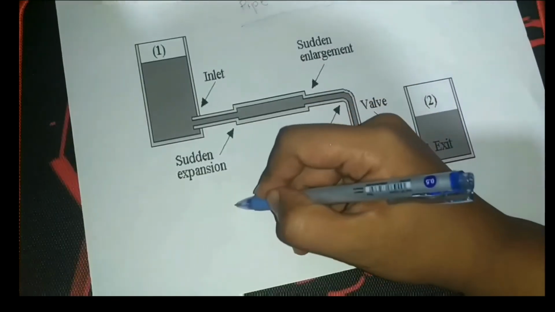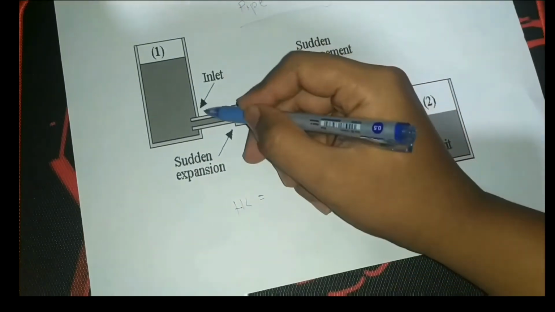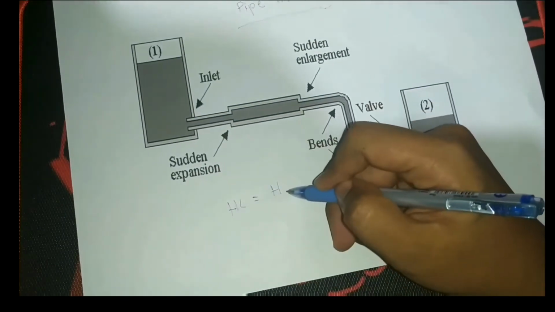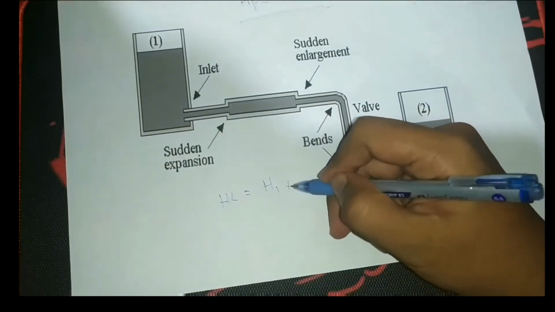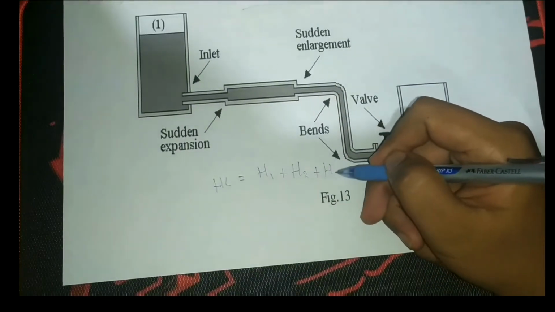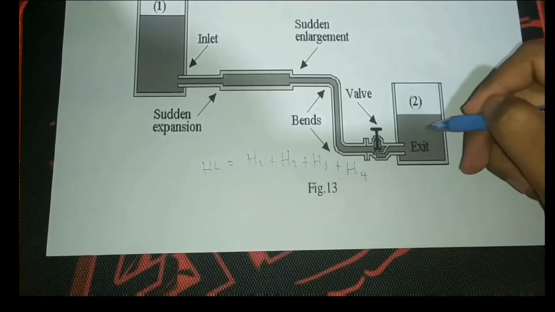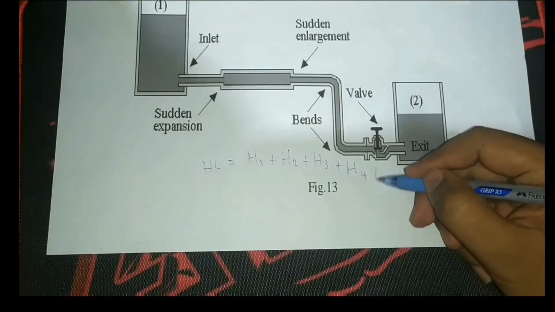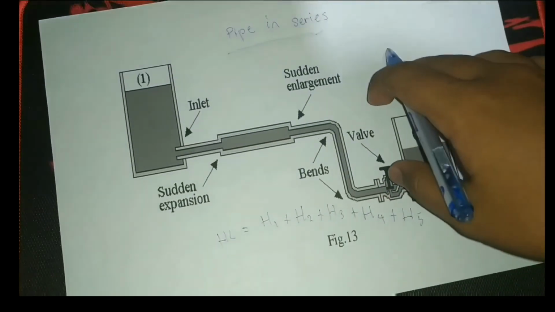For example, HL is equal to H at the inlet, which I call H1, plus the sudden enlargement H2, plus the bends H3, and valve H4, and the exit losses H5.